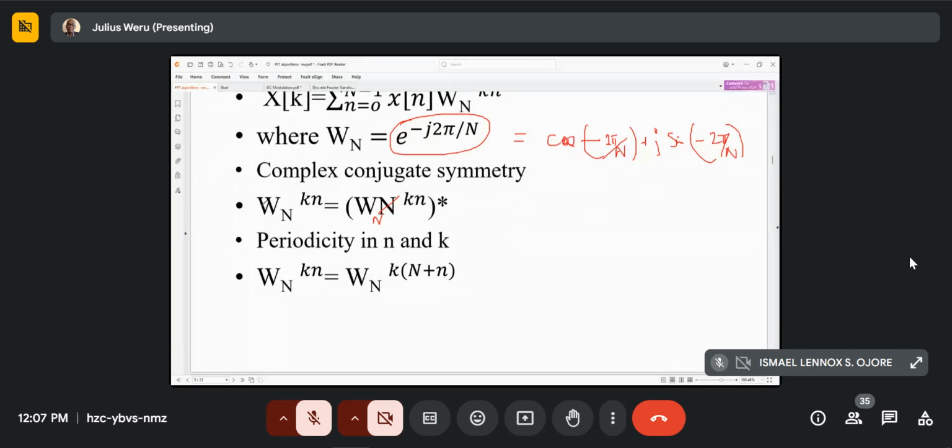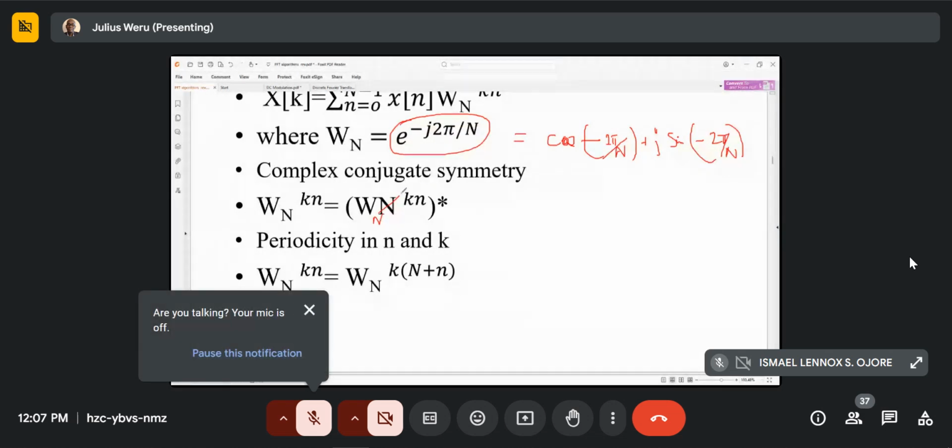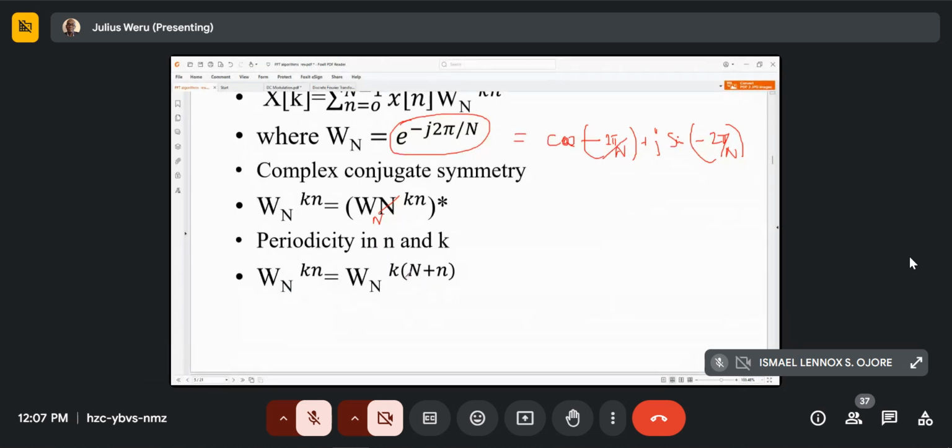Once you understand that, you can understand why this is true. But actually what we are going to use is only the periodicity in K and N. It doesn't matter what the values of K and N are, since you're dealing with sinusoids, you only have multiples of 2 pi.